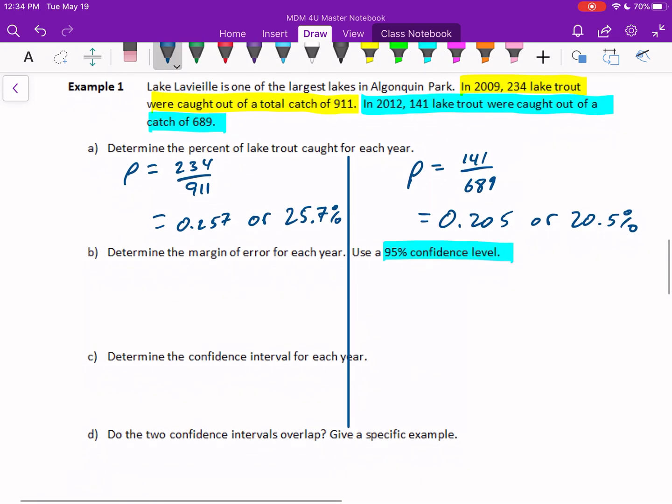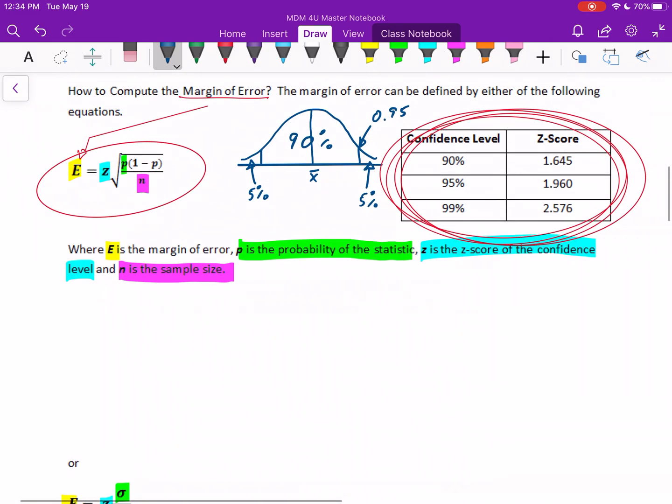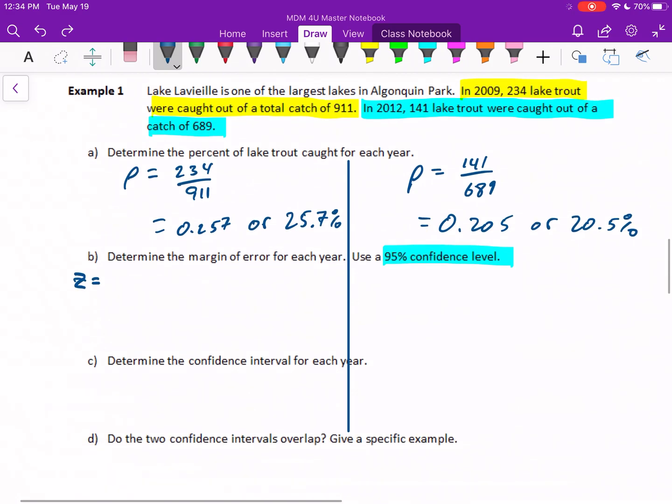Let's write out our variables. Going back to the table, for a z-score for a 95% confidence level, I can see that it's going to be 1.960. But I don't need to write the 0 down. And then N for 2009 was 911.